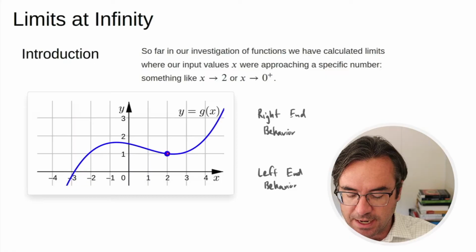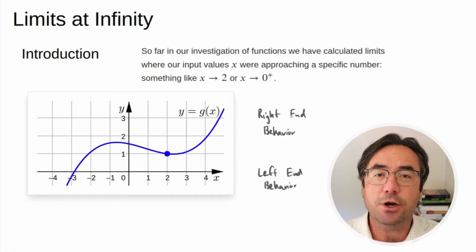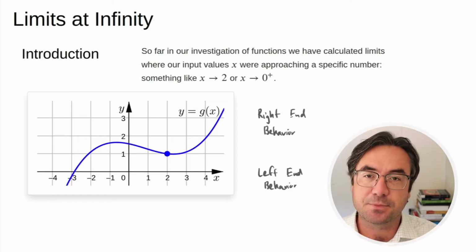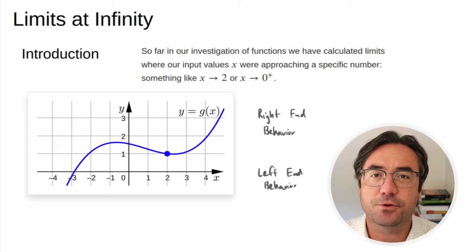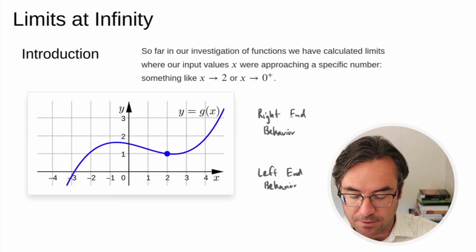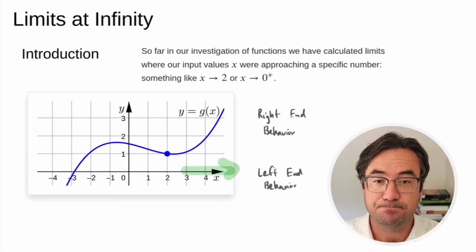Well, we're not going to be looking at a specific number here, a specific location on the graph. What we're going to be doing is watching what happens to our function as we move further and further to the right along the curve. So we're going to be moving in this direction.